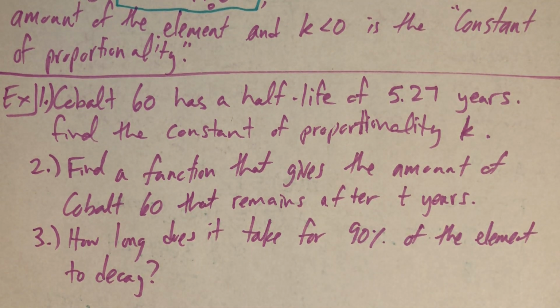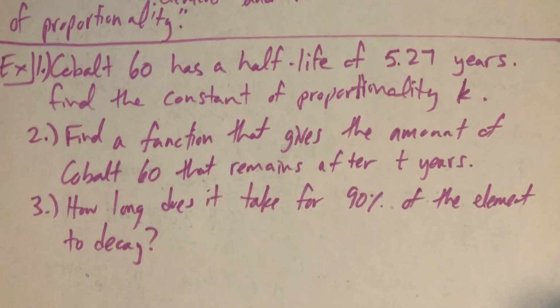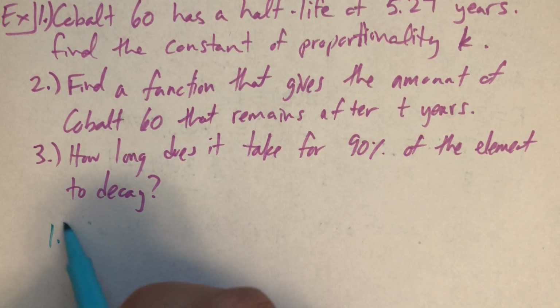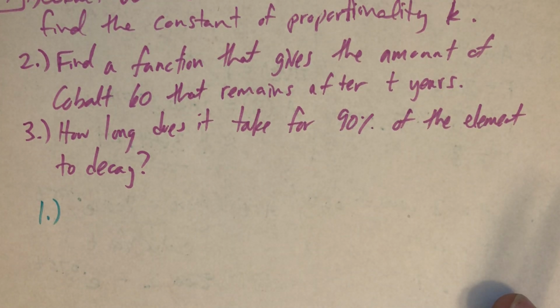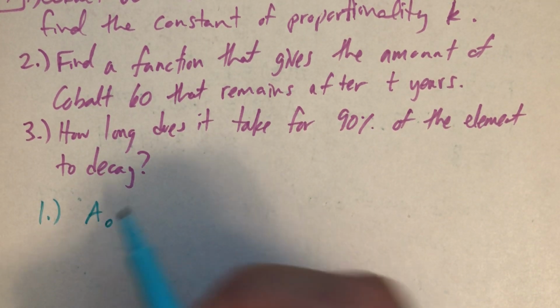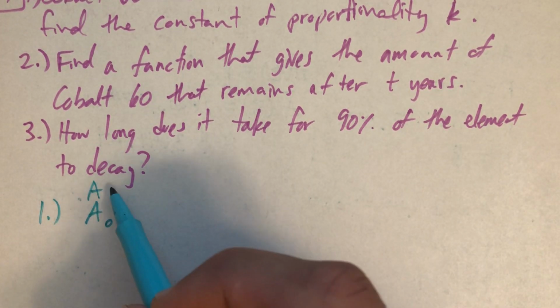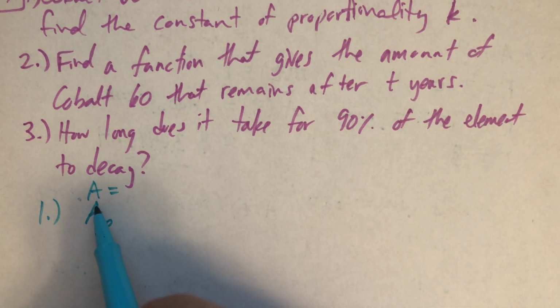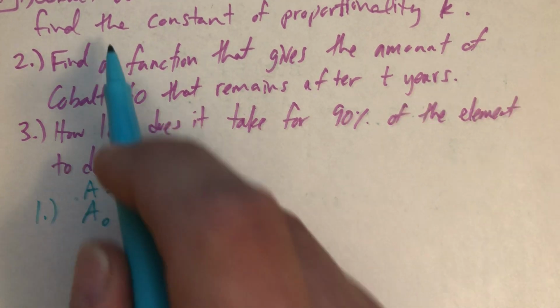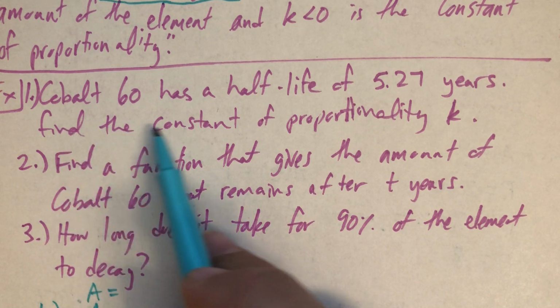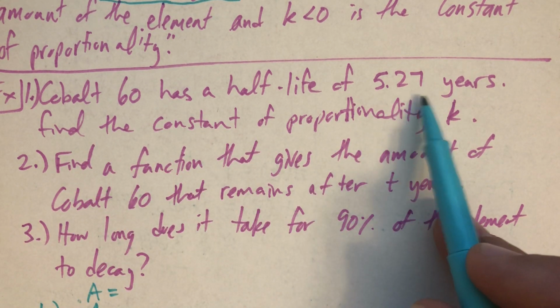So if we're just strictly thinking about this in terms of the nice formula, we can do this the way we did those last problems with continuous compound interest. We can just identify what the variables are. So where are we? Cobalt-60 has a half-life of 5.27 years.